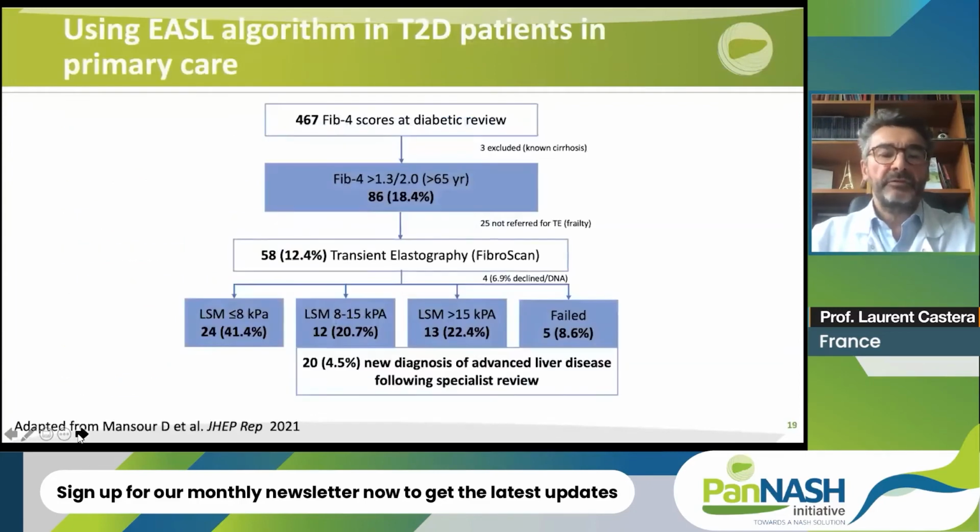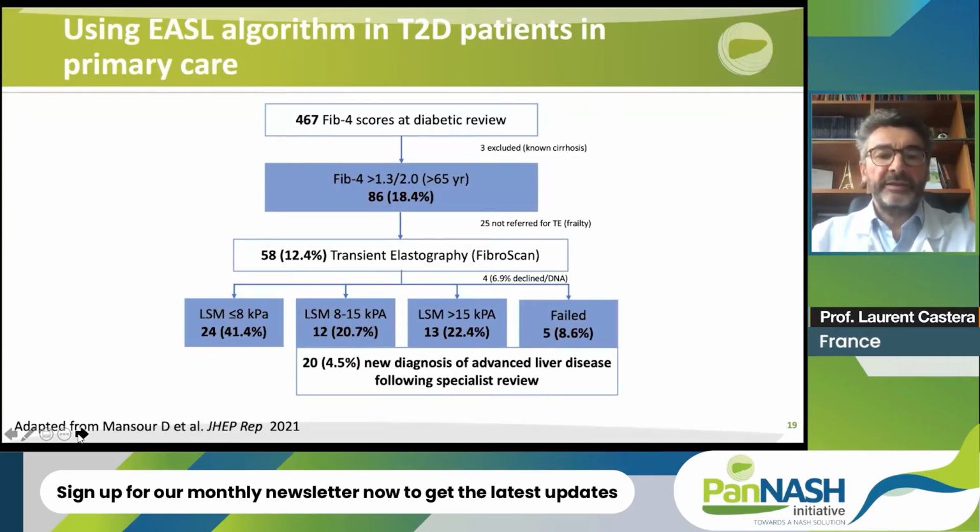This is a paper from the group of Quentin and Steve showing the result of the EASL algorithm in type 2 diabetic patients seen in primary care. They started with a FIB4, as you can see, and less than 20% of the patients had FIB4 above 1.3, but 25 were not referred for transient elastography. Out of 86, only 58, so 12% of the total, underwent transient elastography.